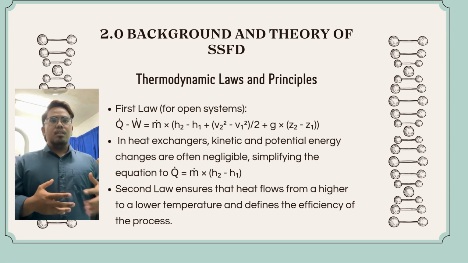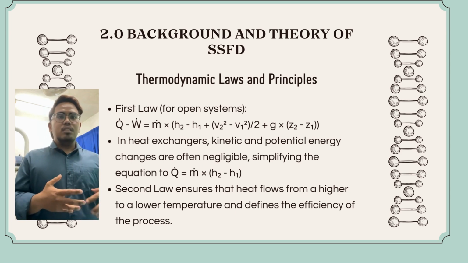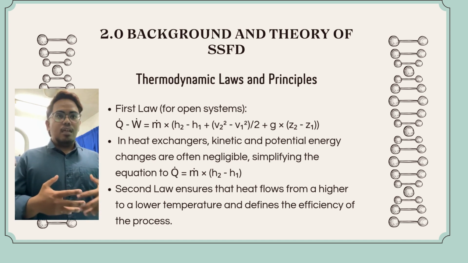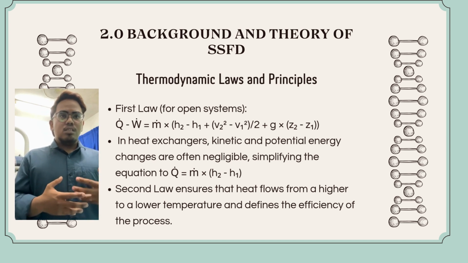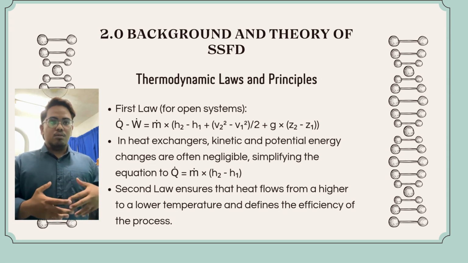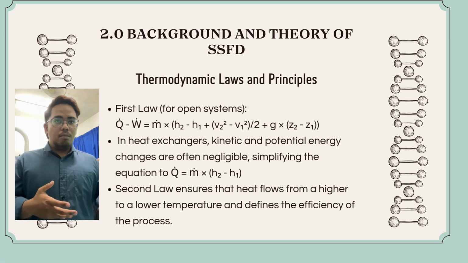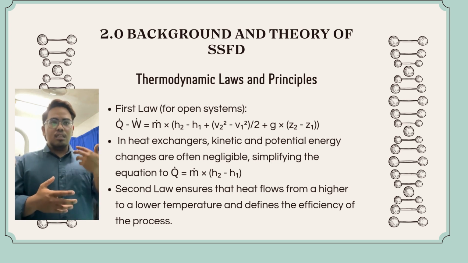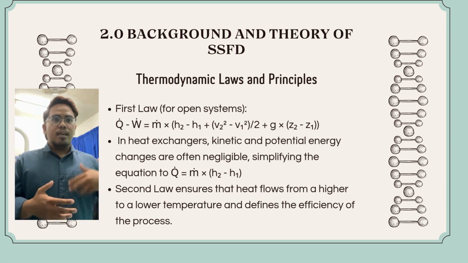However, in most heat exchangers, changes in velocity and elevation are negligible. So, the equation simplifies to Q dot equals m dot times h2 minus h1, meaning heat transfer is directly related to the change in enthalpy.